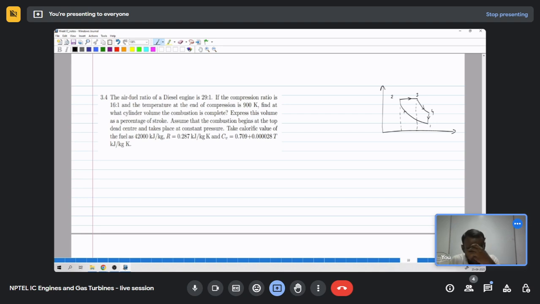Here the intake conditions are not given, only the temperature at the end of compression is given.